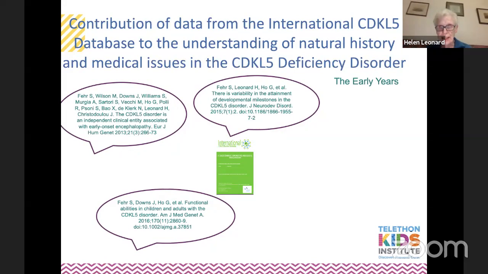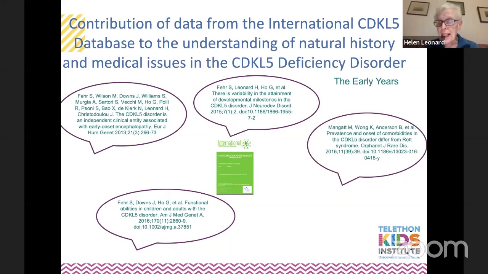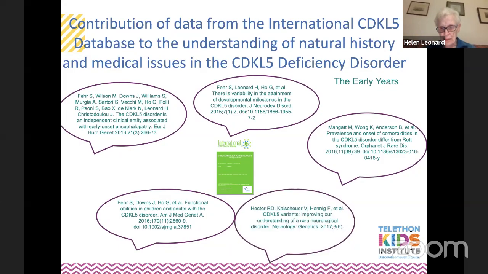We've also collected information on the functional ability, whether or not they can walk, whether or not they can sit up independently, level of communication, etc. We've collected information about the prevalence and onset of other, what we call comorbidities, medical problems, in addition to seizures, like sleep disturbances, scoliosis, behavior problems, etc. And we've also used our data to study actual CDKL5 variants.